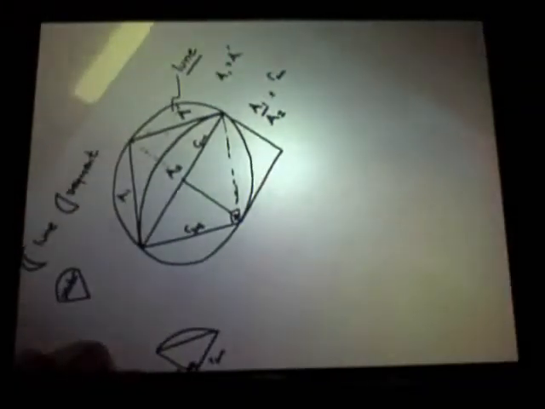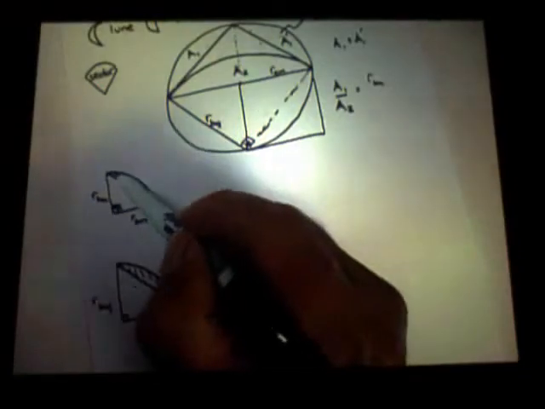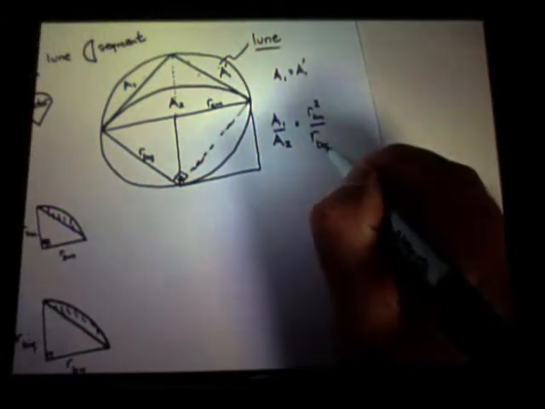And then I have that segment. I claim, because this angle is the same, the areas of these segments are in the ratio r small squared to r big squared.